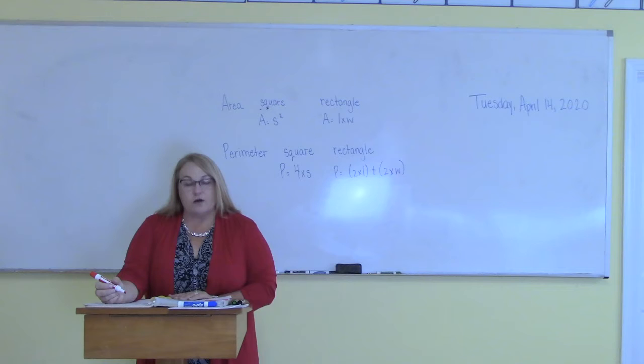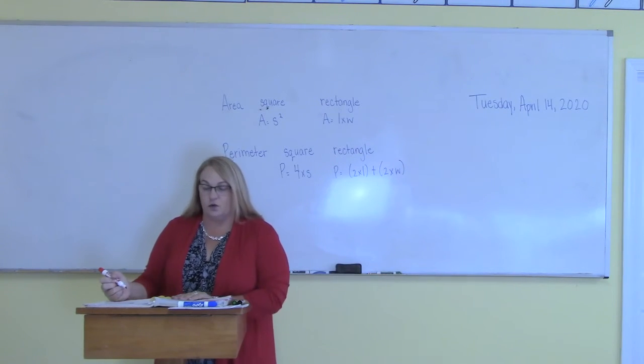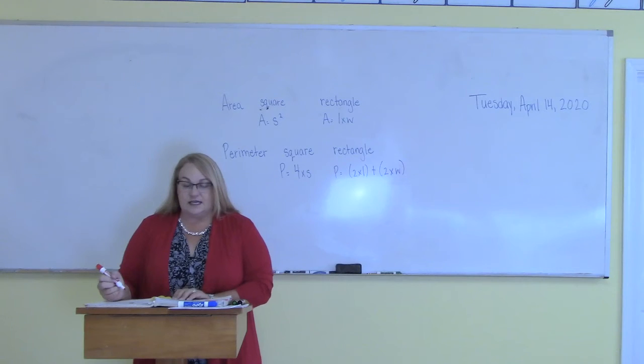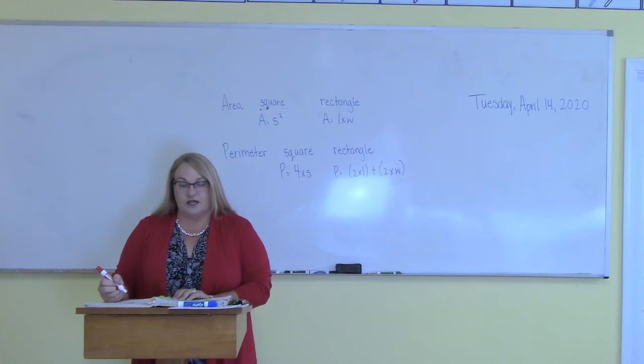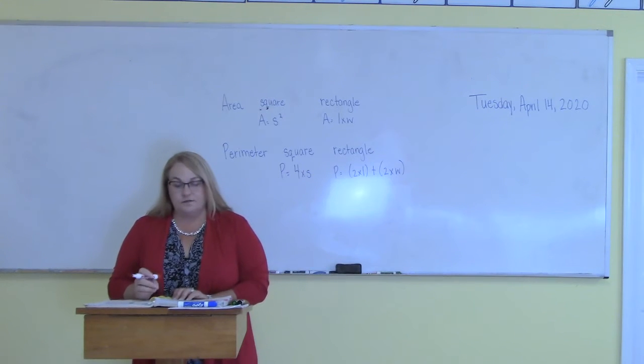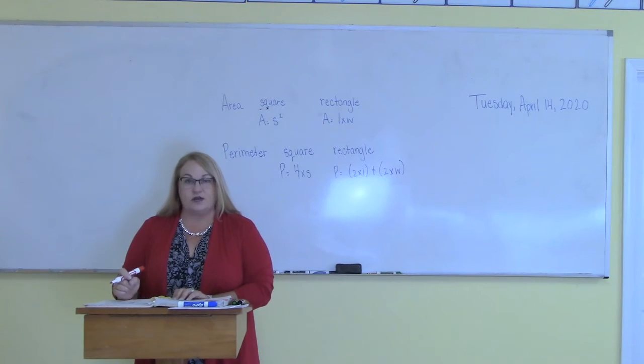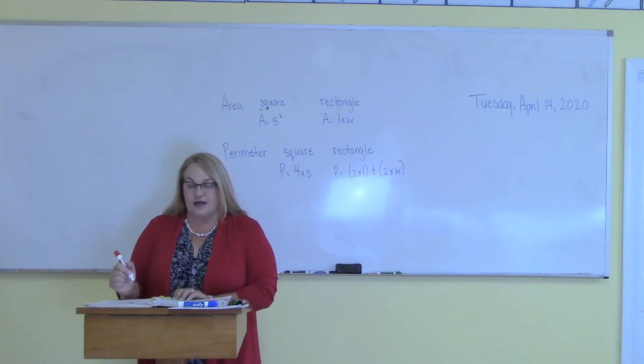B. How many square miles equals 640 acres? Good. 1 square mile equals 640 acres. C. How many square feet equals 1 square yard? Think about how many feet are in a yard. 3 times 3 is 9. 9 square feet equals 1 square yard.